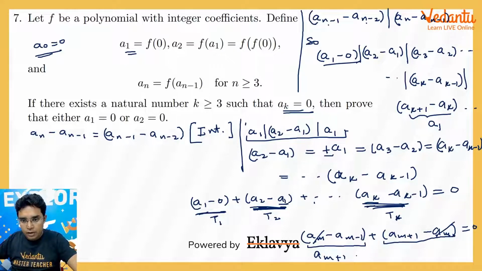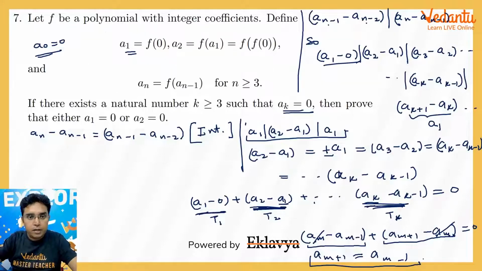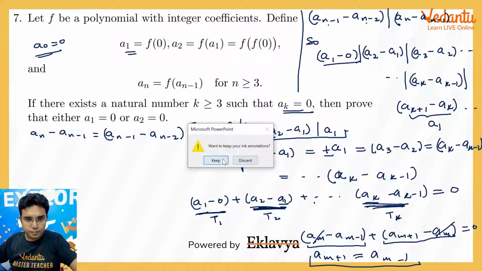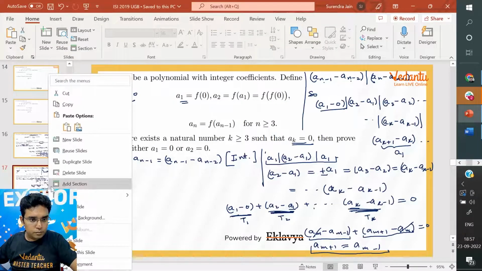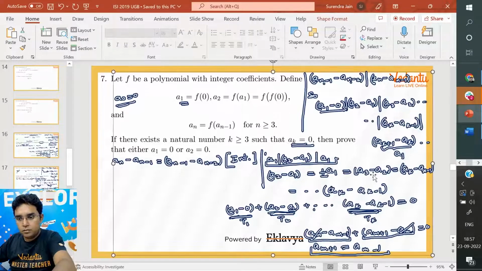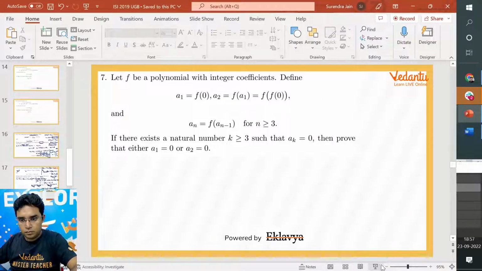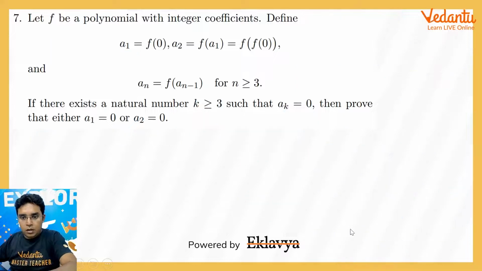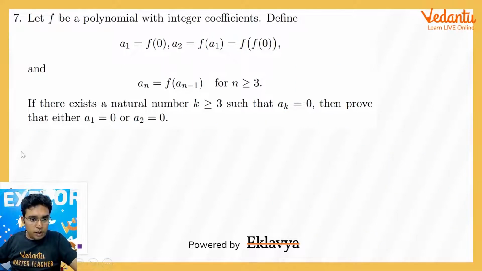So am plus 1 is equal to am minus 1. So this is what we have got here. Okay, let me use the next slide. So we proved that am plus 1 is equal to am minus 1.